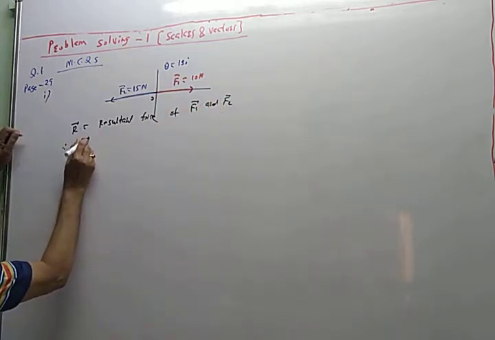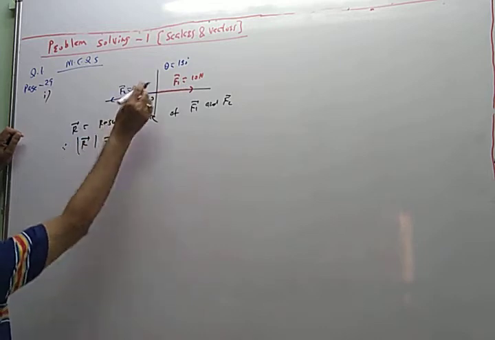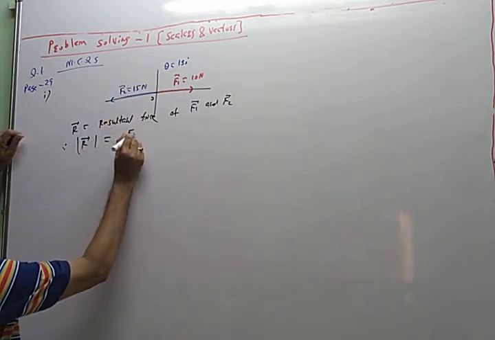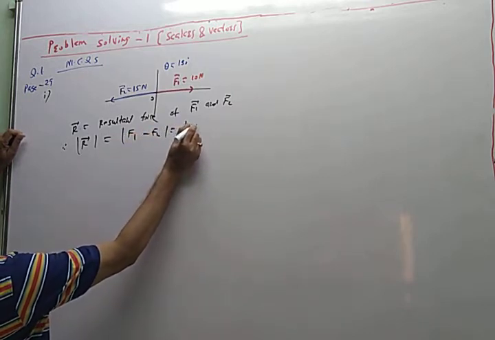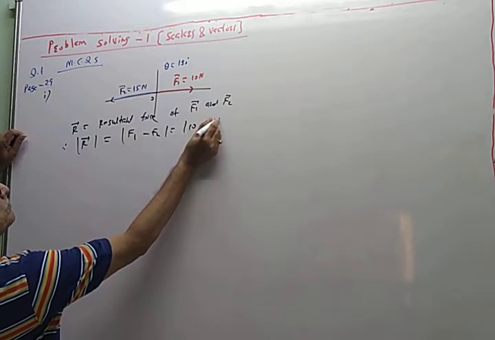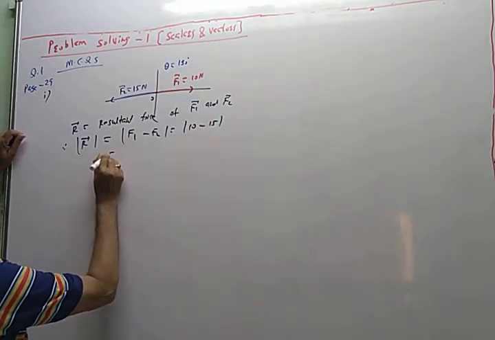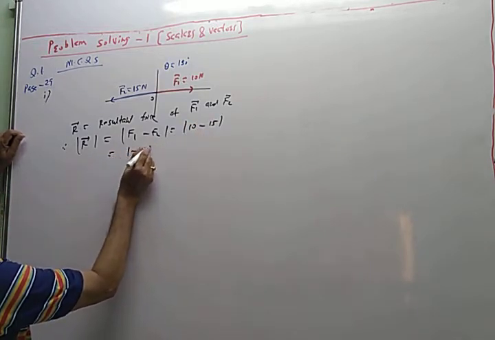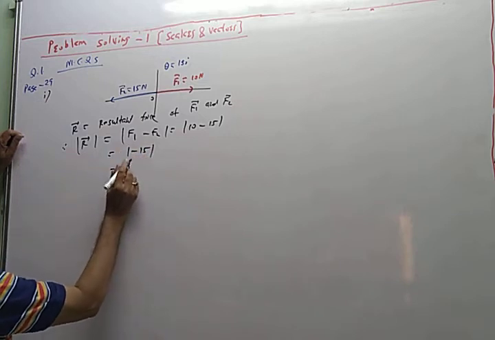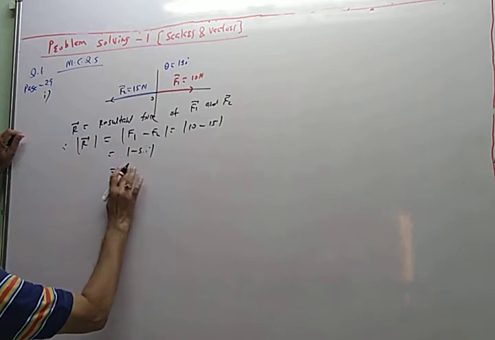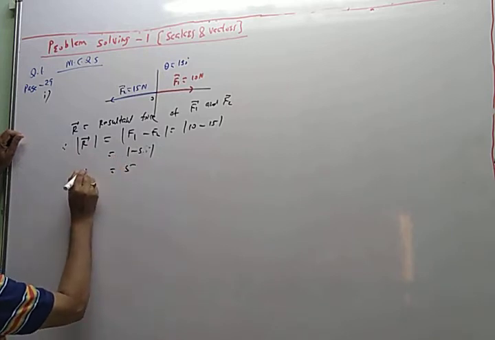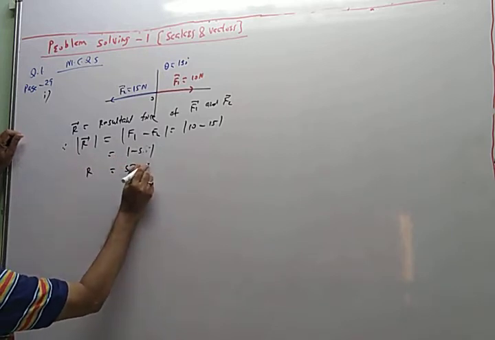Therefore, the magnitude of vector R is given by mod of F1 minus F2. So 10 minus 15 is equal to mod of minus 5, and mod is a non-negative number, so 5. So the magnitude of R is equal to 5 Newton.